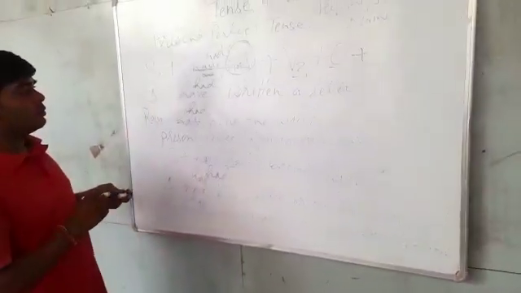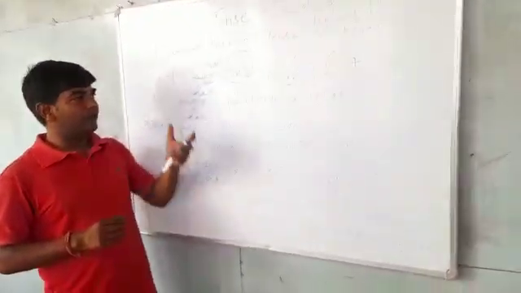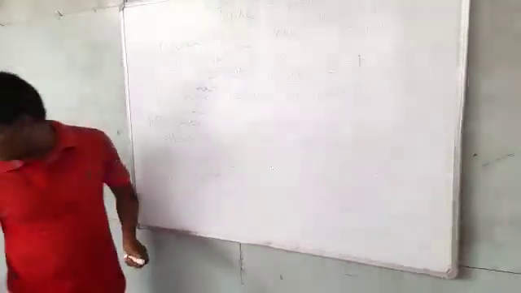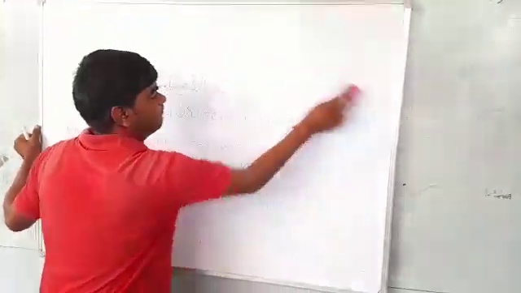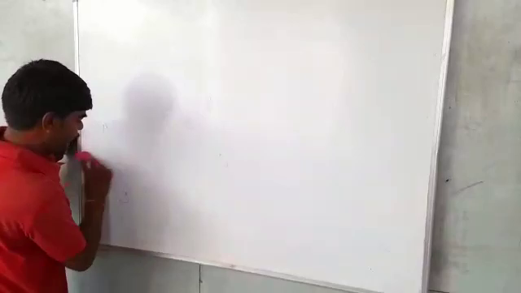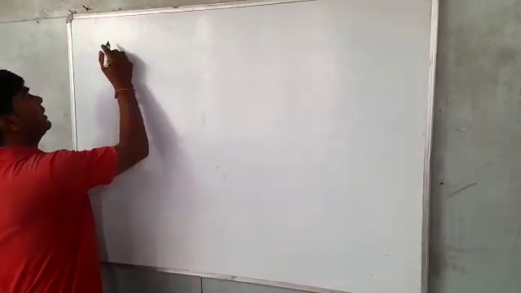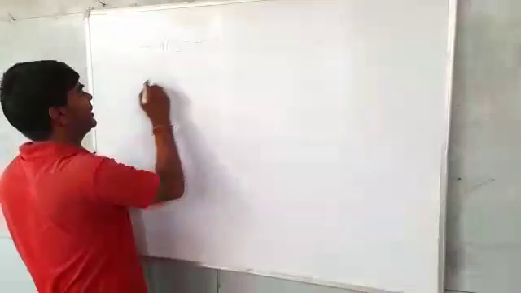Alright, now I will discuss future tense. But before that, once again I would like to make it clear. Once again I am showing it very quickly. Subject V1, V5, object.